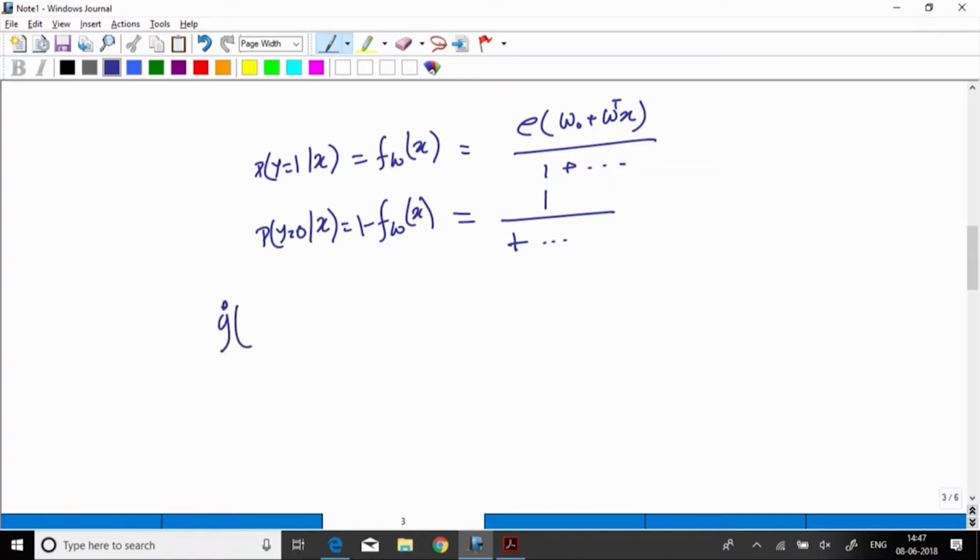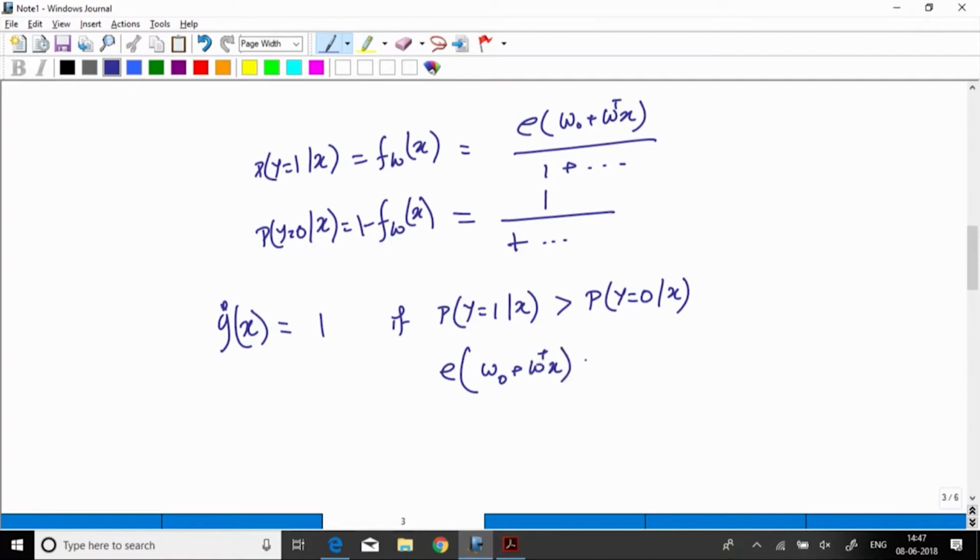So do you remember this Bayes rule? It will be class 1 if p of y equal to 1 given x is greater than p of y equal to 0 given x, right? So we can say that if e to the power w0 plus w transpose x is greater than 1, right?